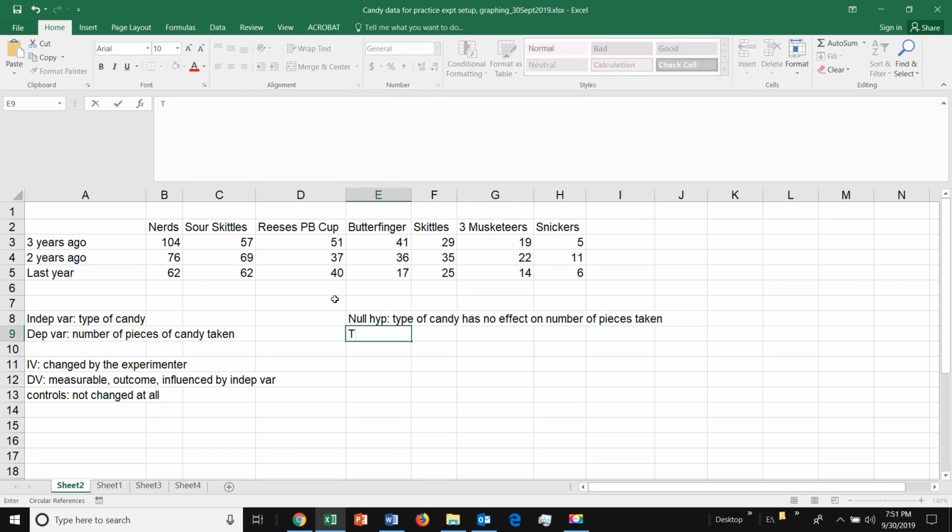Or we could say the same number of pieces of candy will be taken regardless of the candy type. Something that indicates that the independent variable does not have an important influence on the dependent variable. That is the null hypothesis, the no effect hypothesis.